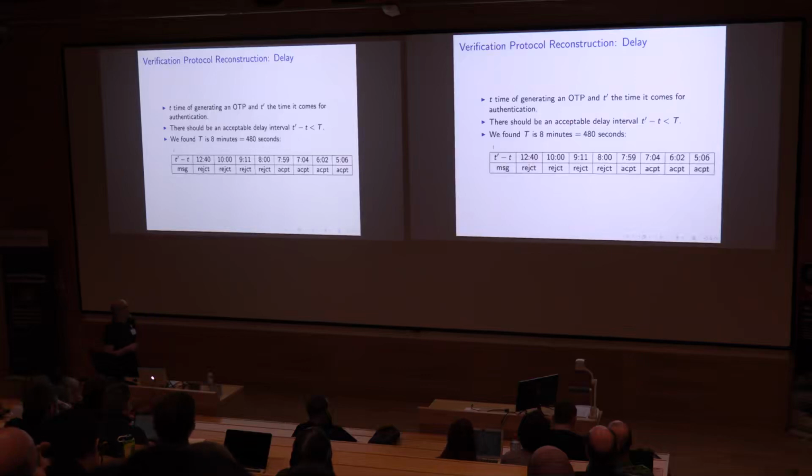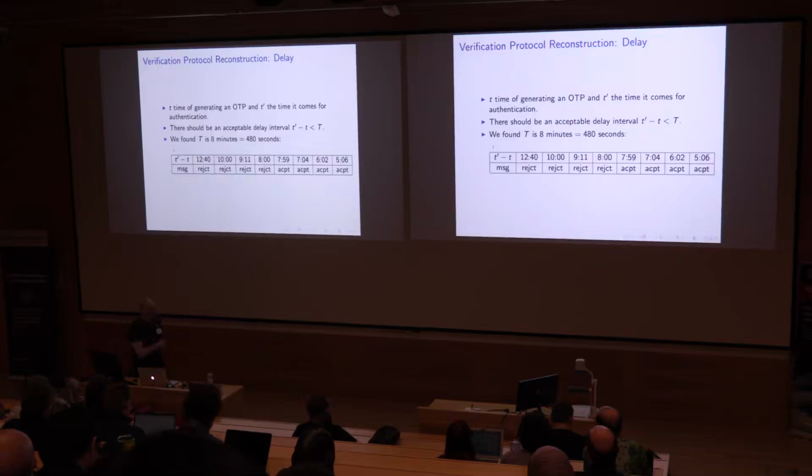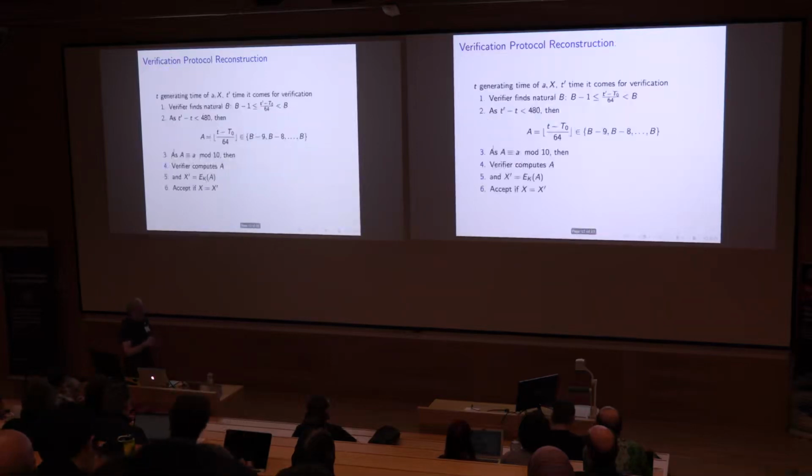It was a very easy experiment: I generated a password and submitted it after 12 minutes, for instance. It was rejected. I tried 10 minutes, and 9 minutes, and those were rejected, but smaller than 8 minutes was accepted, accepted, accepted. It means that the delay is exactly 480 seconds.